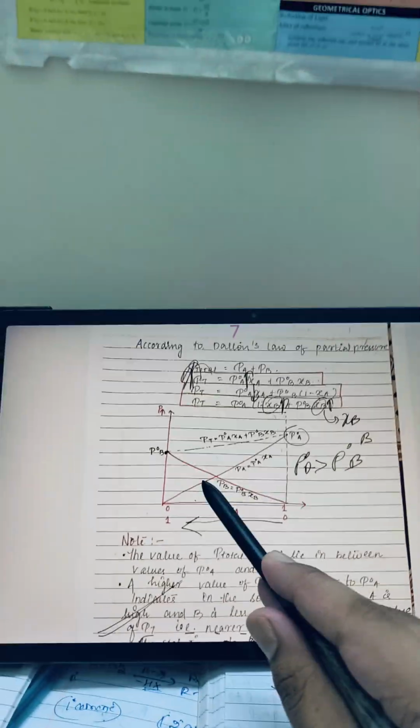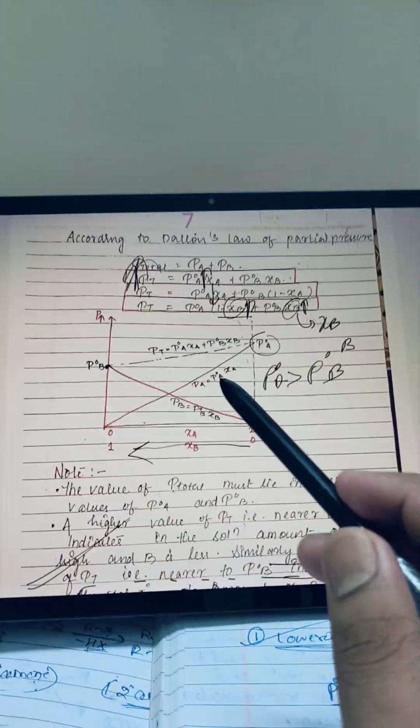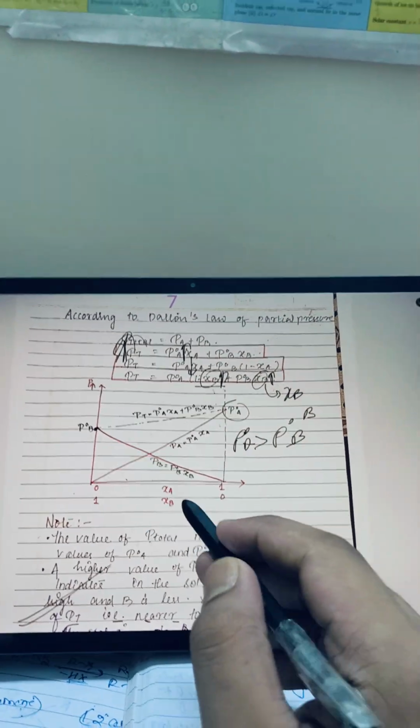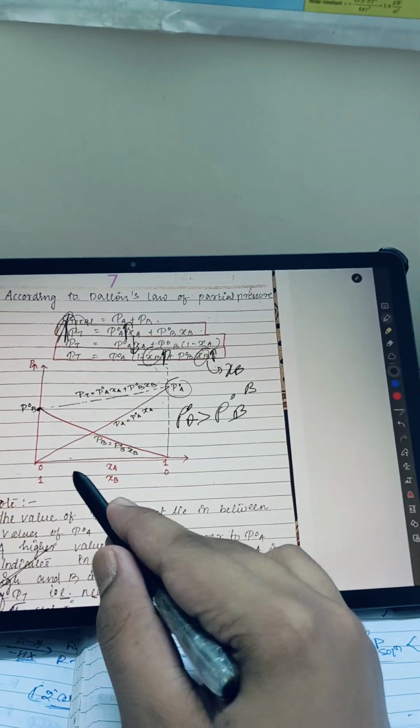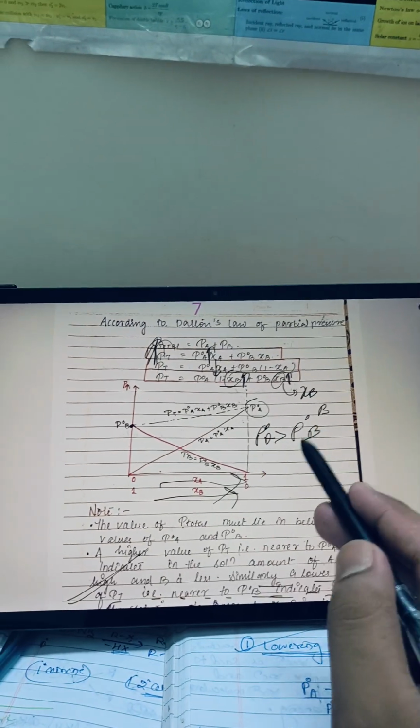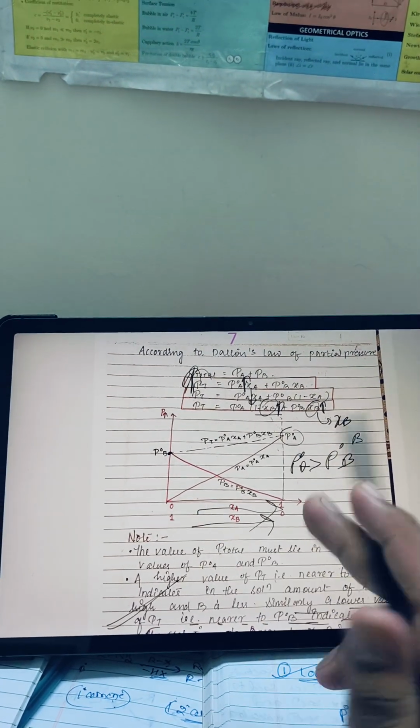Similarly, if you increase the PT value and move to PA naught, chi A is increasing from 0 to 1 and chi B is decreasing from 1 to 0. And why are we increasing PT to get PA naught? Because the PA naught value is more and the PB naught value is less.